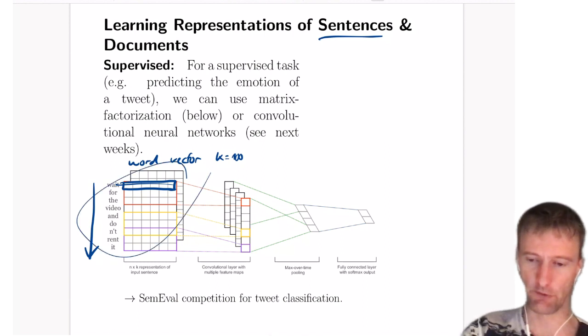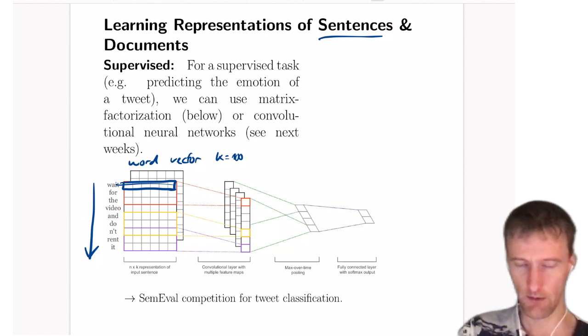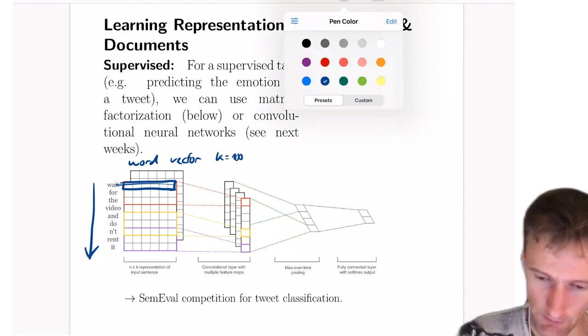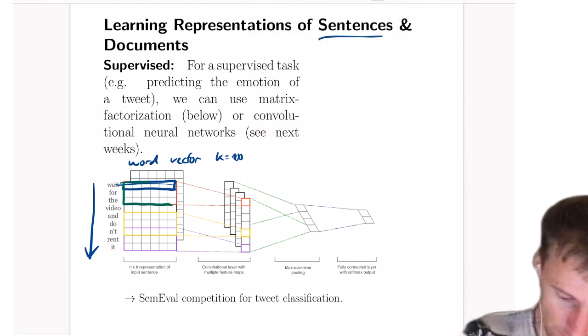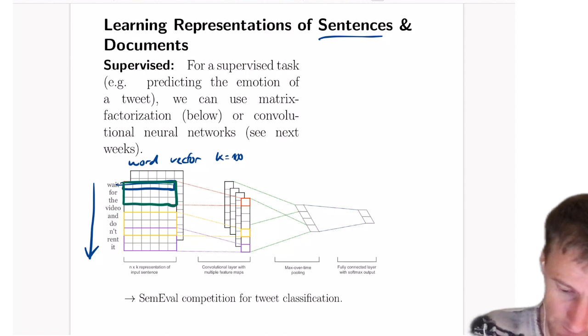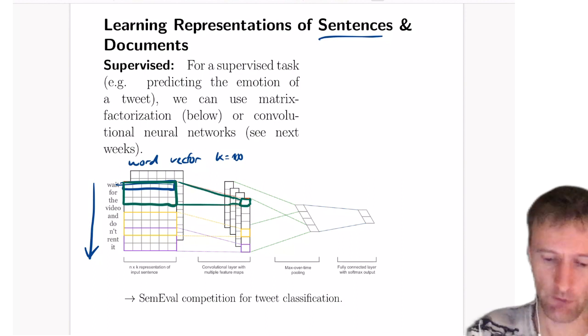So, I mean, the K is always the same, but the length of the sentence varies. How can we deal with that? Another easy way to deal with that is this one here, that you actually use convolutions. And it's very simple. It's just to use a convolutional filter which slides over the text.